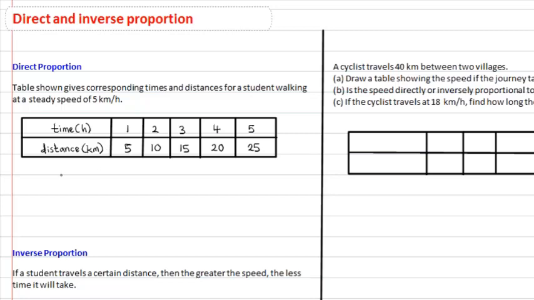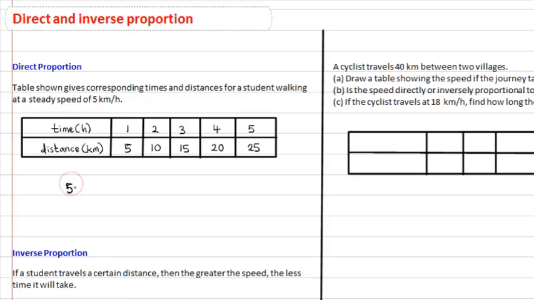You can even show this by writing something like this. For example, in 5 hours the student traveled 25 kilometers, and in 2 hours the student traveled 10 kilometers. If you divide 5 hours by 2 hours, and 25 kilometers by 10 kilometers, we're going to have the same answer.